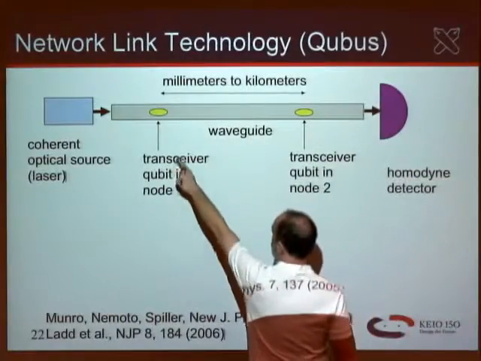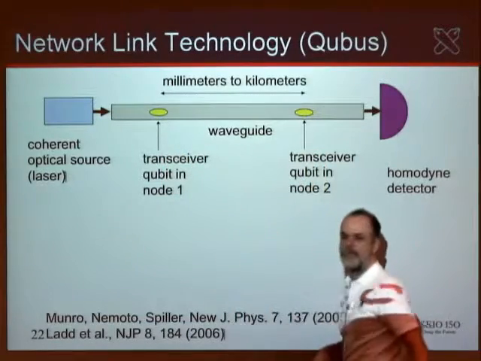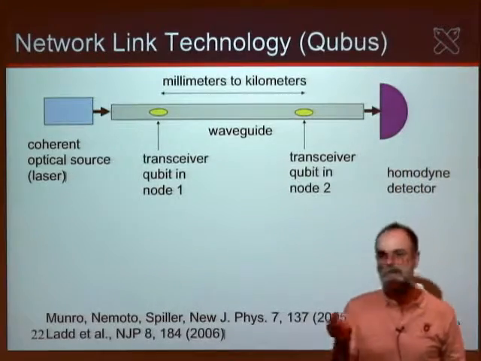What this does is it effectively measures the parity of these two qubits. And what you get out as a result when you measure it is, in effect, the parity of the two qubits, but with a lot of noise, and so you get relatively low fidelity out of this.